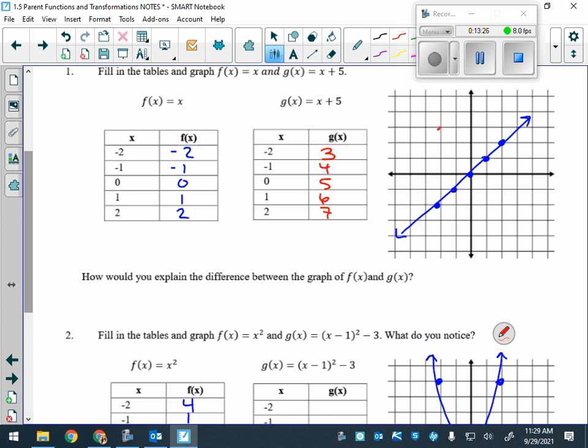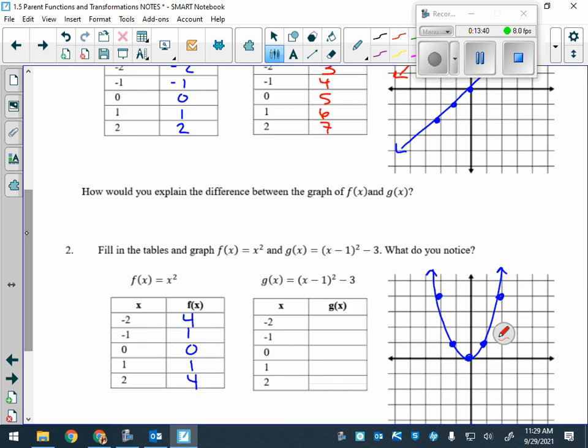Two, three. Sorry, some of these will go off the graph. So what do we notice? Yeah. Good, excellent. So same x values, different y. So what about the y values? What did you notice?